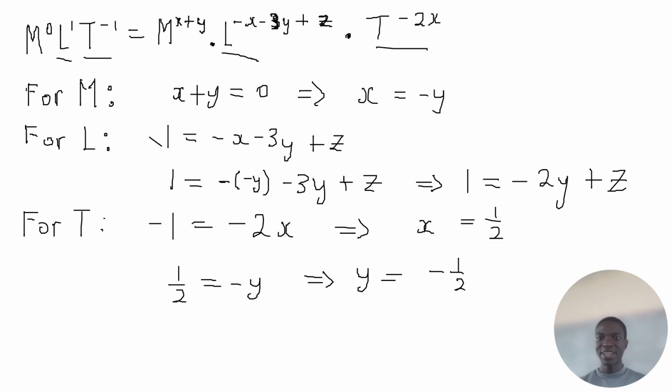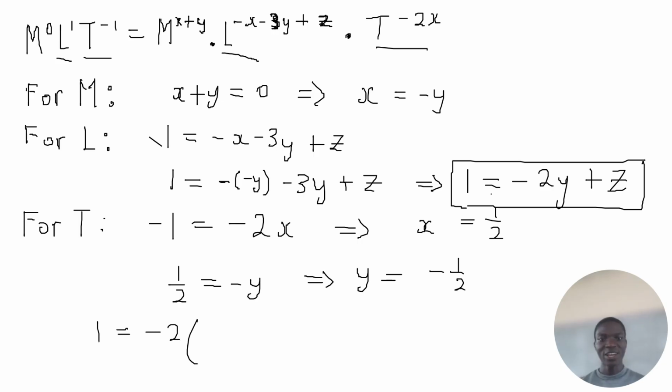So now to find z, we can use this equation. All right. So using this equation, here we can say 1 is equal to minus 2 times y. What is y? y is minus 1 over 2. Okay, plus z, and this will give us what? The 2 should cancel out.